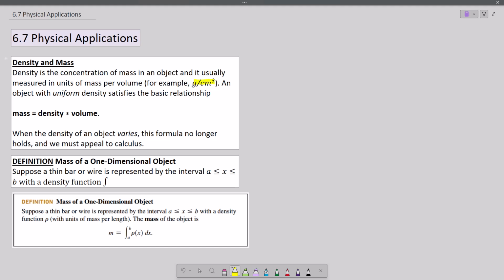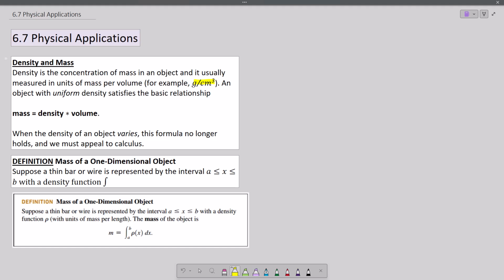Generally, when we think of density, we are thinking of a solid object, and we're thinking of a number of grams per cubic centimeter, or kilograms per cubic meter. But mathematically, we also can think of density of a very thin plate and talk about grams per square centimeter or kilograms per square meter.